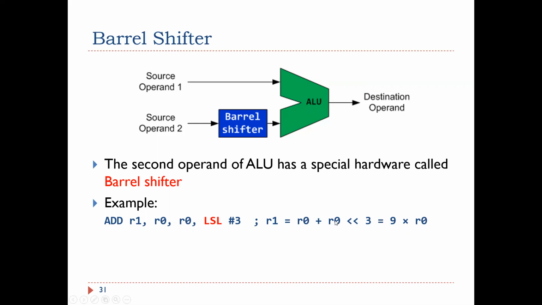If you do 1 time left shifting, it becomes 2R0. If you do another left shift, 2R0 becomes 4R0. If you do another shift left, 4R0 becomes 8R0.